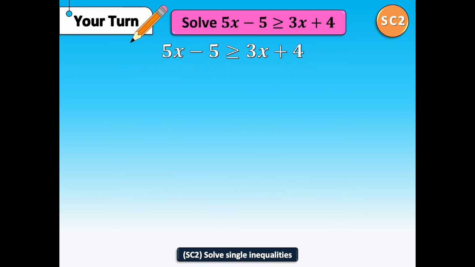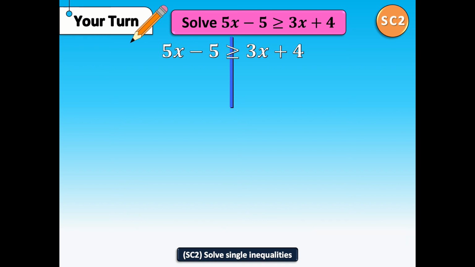Here's a question for you to have a go at. Pause the video, and when you're ready to see what you should have done, press play. This time I want to solve 5x minus 5 is greater than or equal to 3x plus 4.